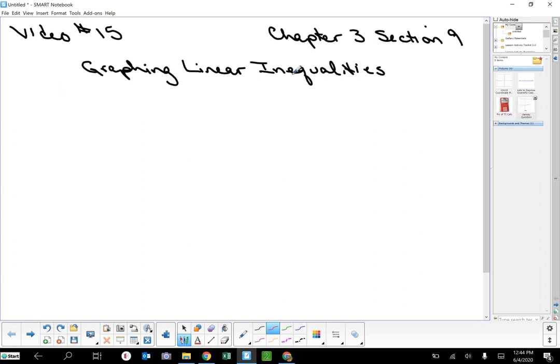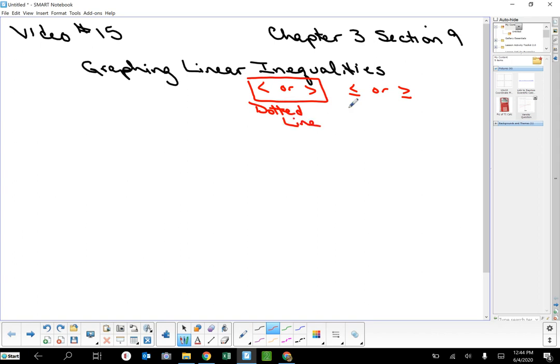So I want you to recall that an inequality is a less than or greater than, less than or equal to, or greater than or equal to. And essentially, you're going to graph these just like a regular equation. But I need you to remember that if you have a less than or greater than symbol, you're going to use a dotted line when you graph.